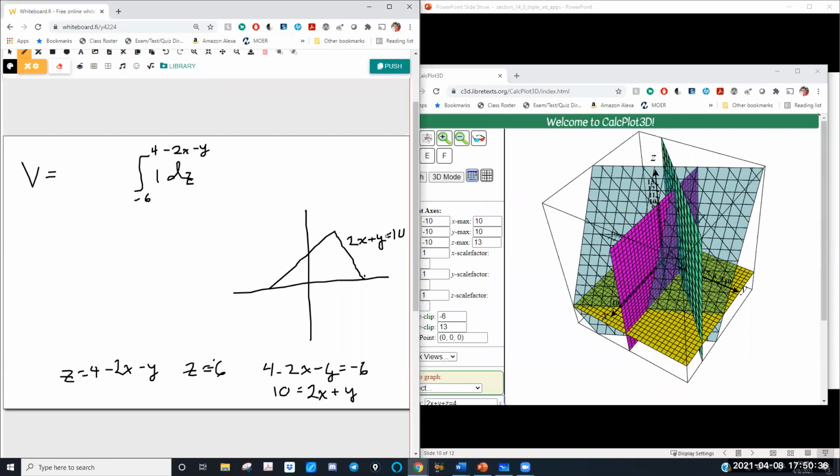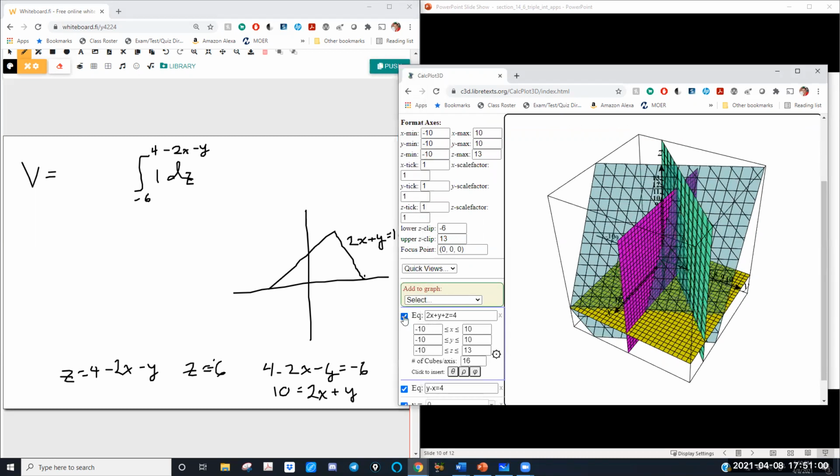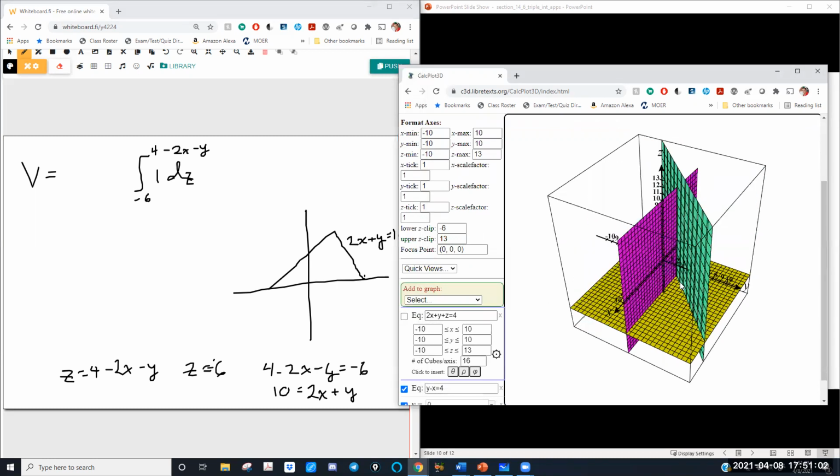Okay. All right, so that's one. And then we need this line, which comes from our other plane right here. It also intersects the plane z equals -6, but this plane didn't have a z in it. In fact, let's do this so you can see where I'm talking about. We're looking at this line right here now.